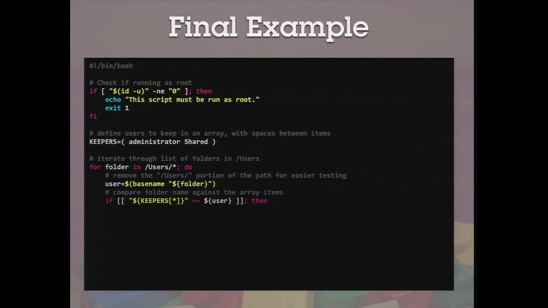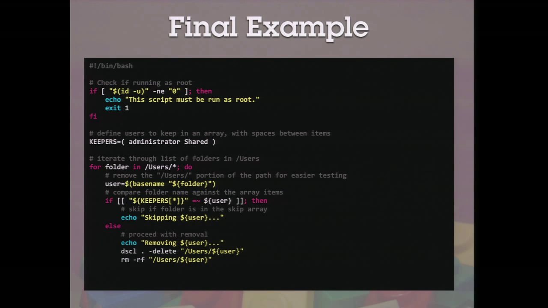If this user is listed in that array, then I'm saying skip that user. And the else command, if it's not in the array, then I comment proceed with removal, echo removing user, and then I do dscl delete that user, remove the home directory forcefully and recursively.